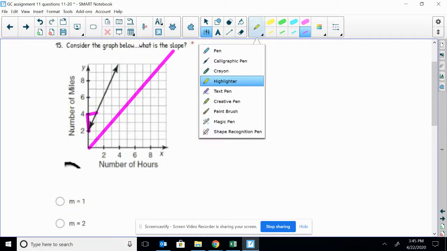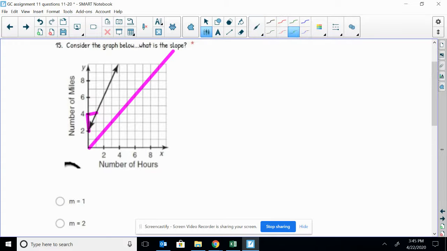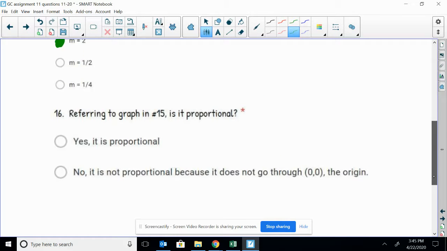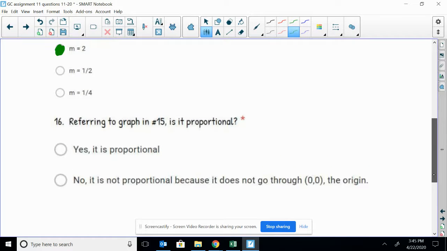Remember, rise over run, 2 over 1. And in the video, he talked about the steeper it is, and he had an example of a slope that was 2 that was just like that. So we know the slope is 2 over 1.